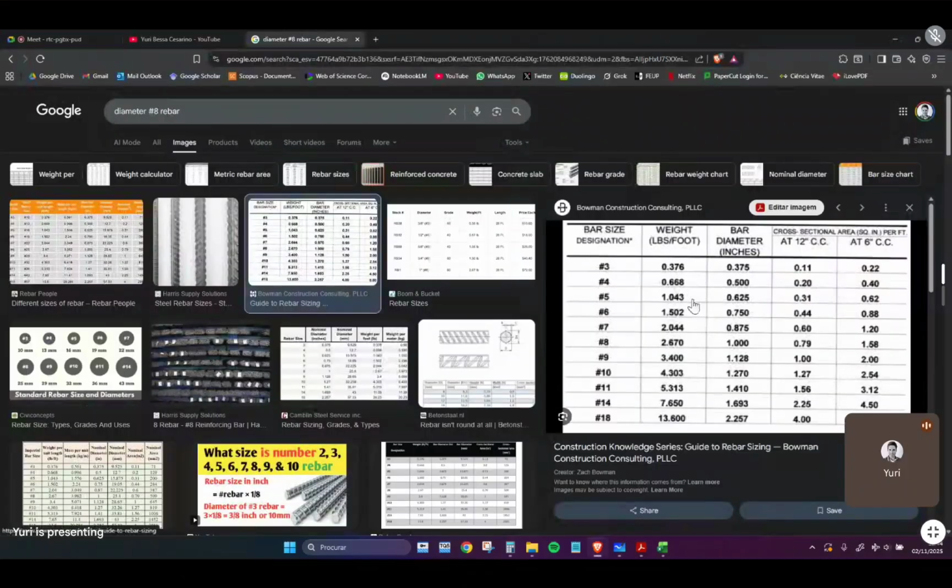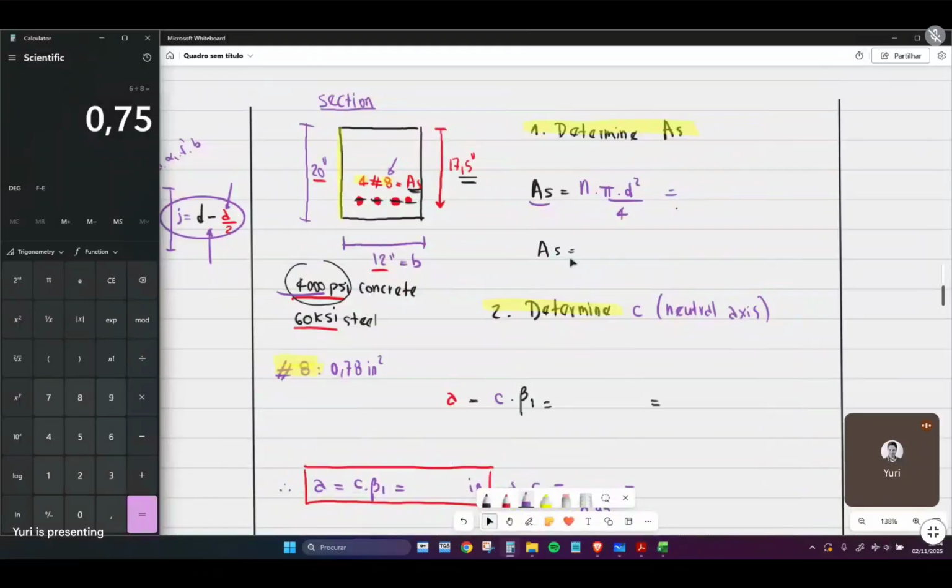If you go back to the table here, as you can see, 0.75 inches squared. Most designers, whenever we are doing our jobs, tend to memorize the cross section area of some reinforcing bars. But here I want you guys to learn how to do it.